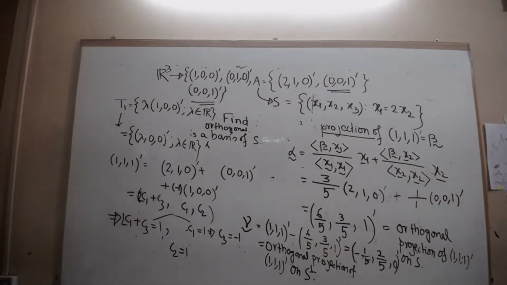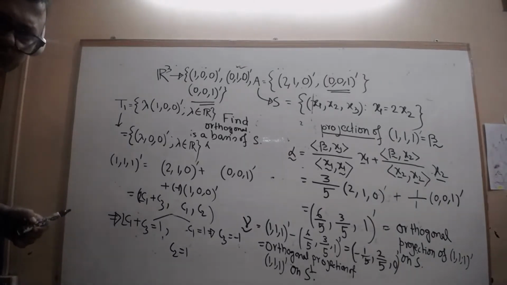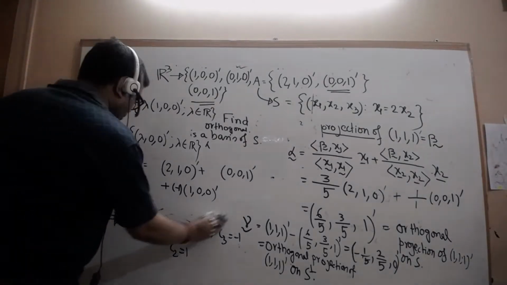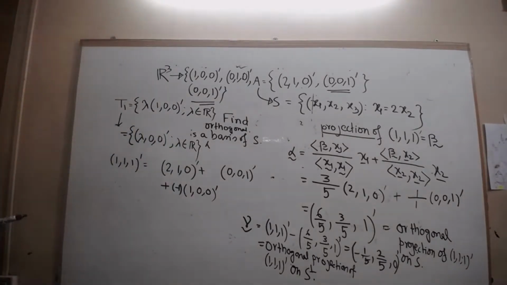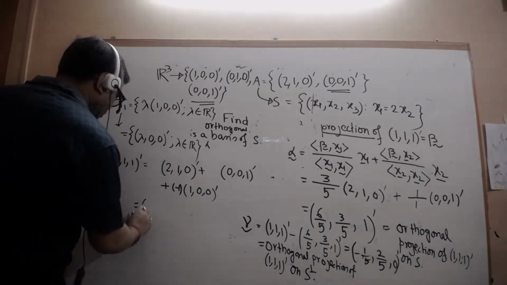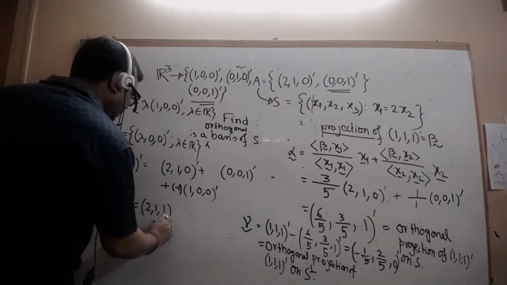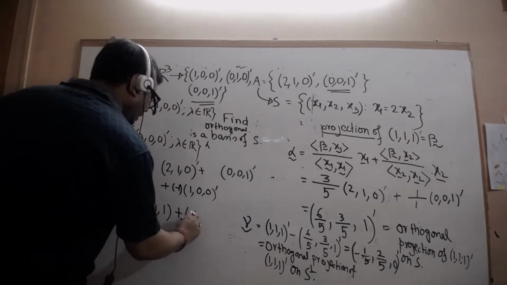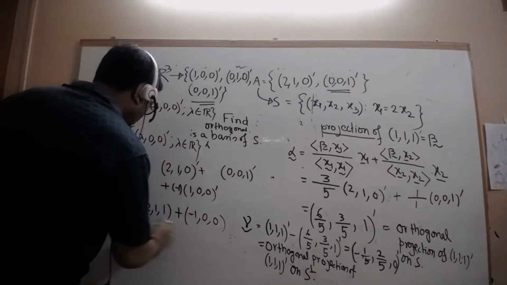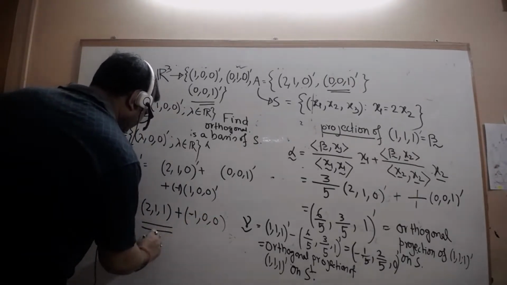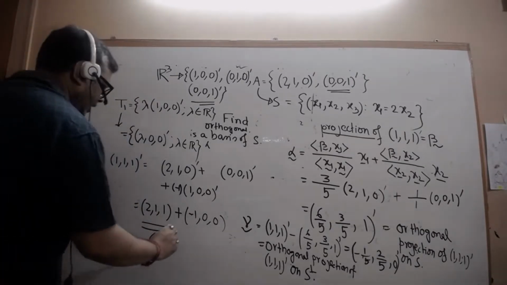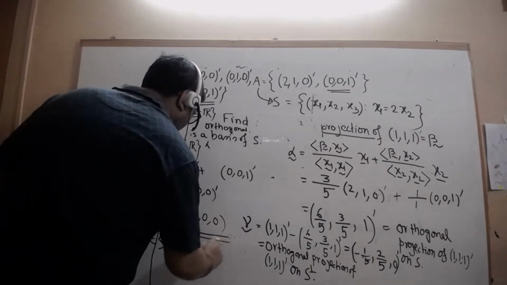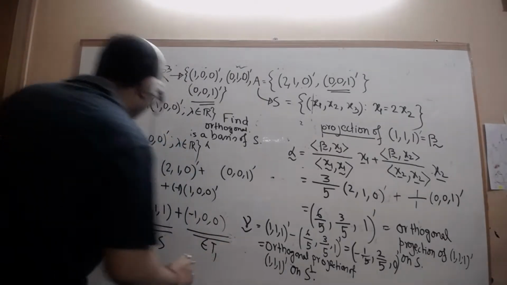So see that 2 1 0 plus 0 0 1 plus minus 1 0 0. So this vector belongs to S, and this belongs to T1.